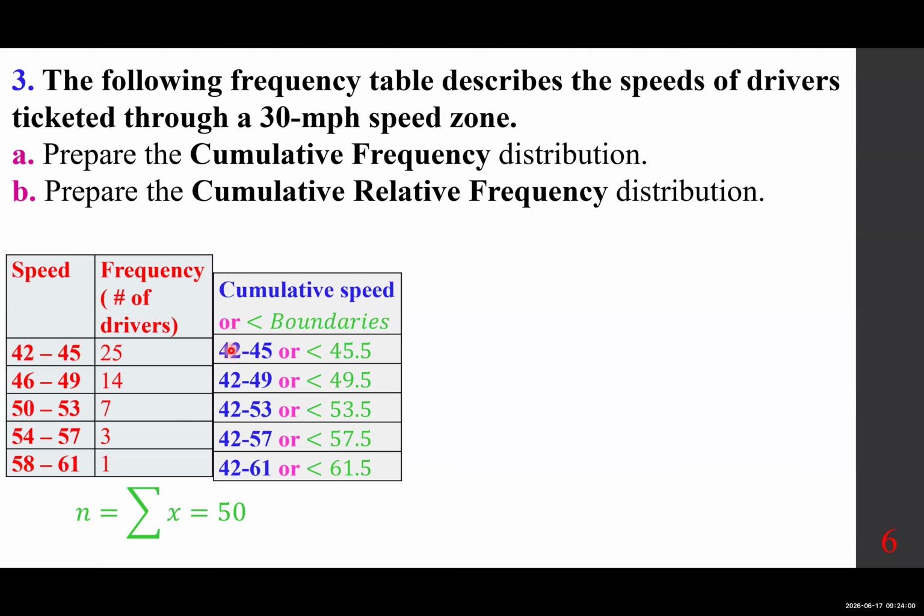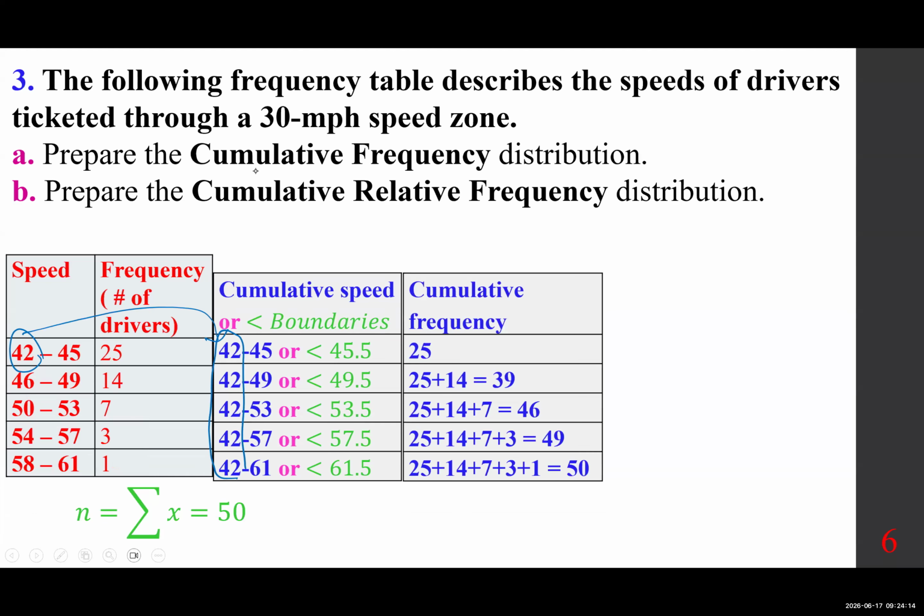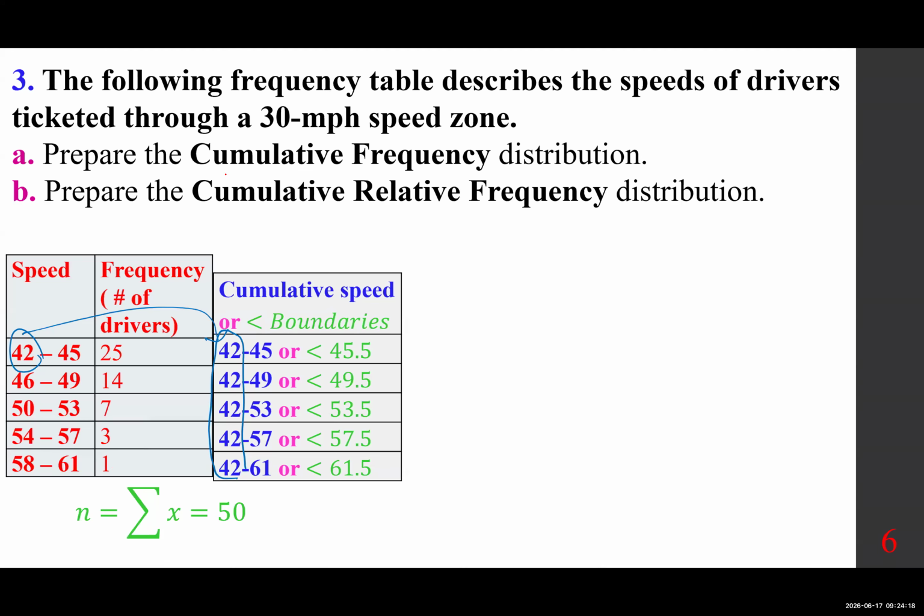If you go with the limits, the lower limit is always this one. That's the meaning of cumulative. Or if you want to go with the boundaries, less than 45.5, less than 49.5. Remember, 45.5 itself belongs to the next one, so on and so forth.